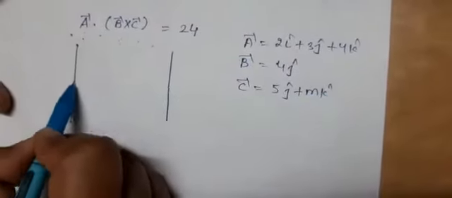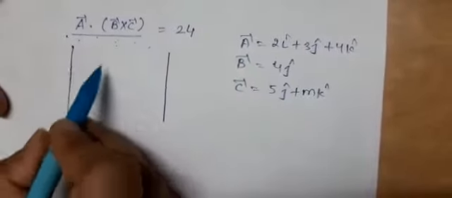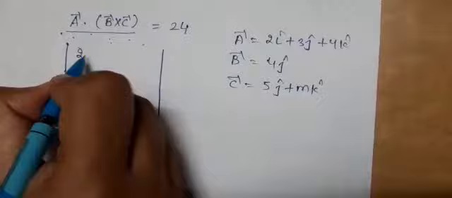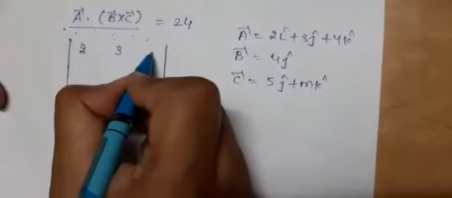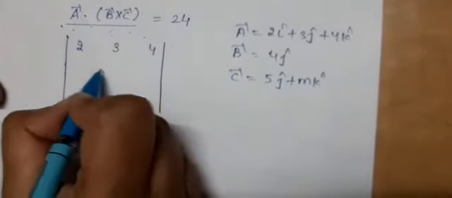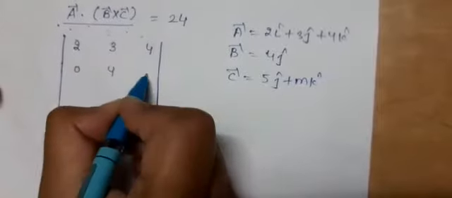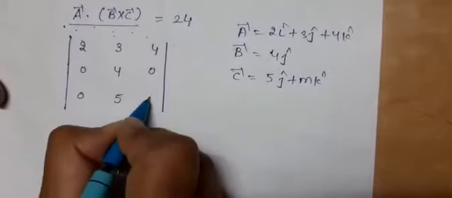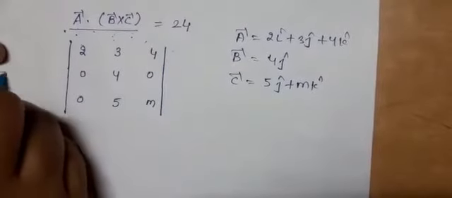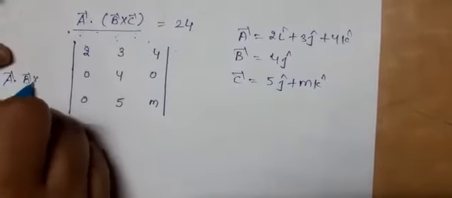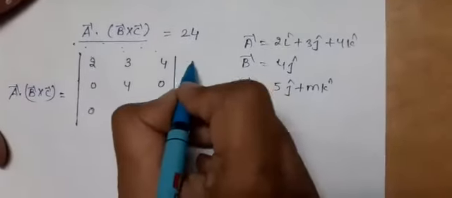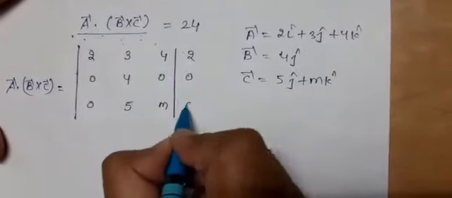Now, when I solve this, I will not write i, j, k. I will simply write the coefficients of all three: i, j, k. Here it is 0, 4, 0 for the B vector, and for C it is 0, 5, m. What we are doing here is A dot B cross C. For calculations, I will write it this way.